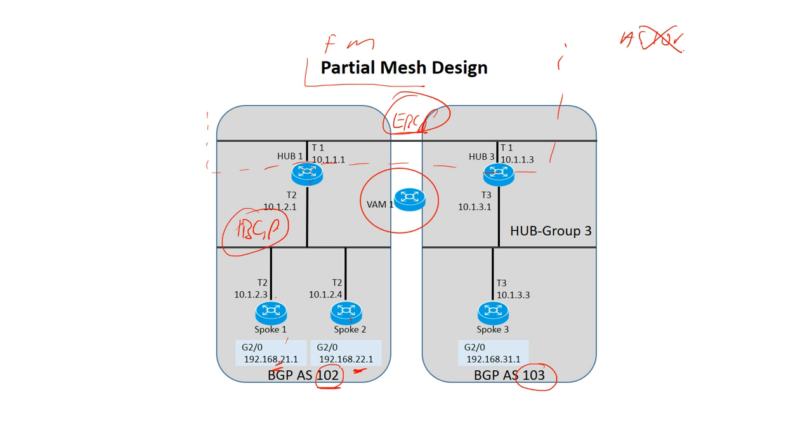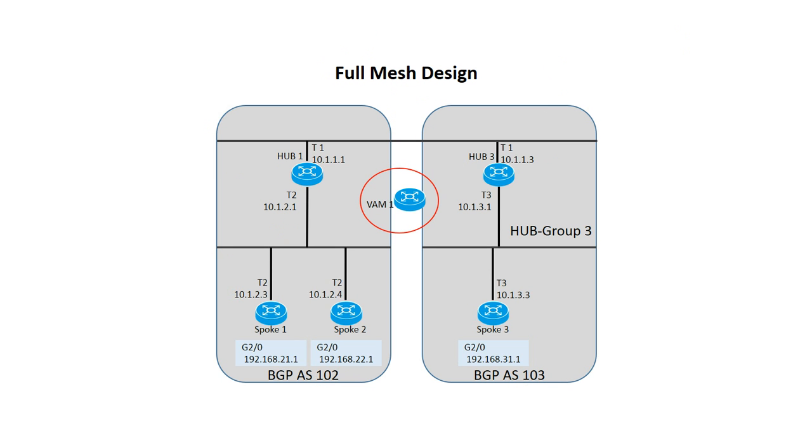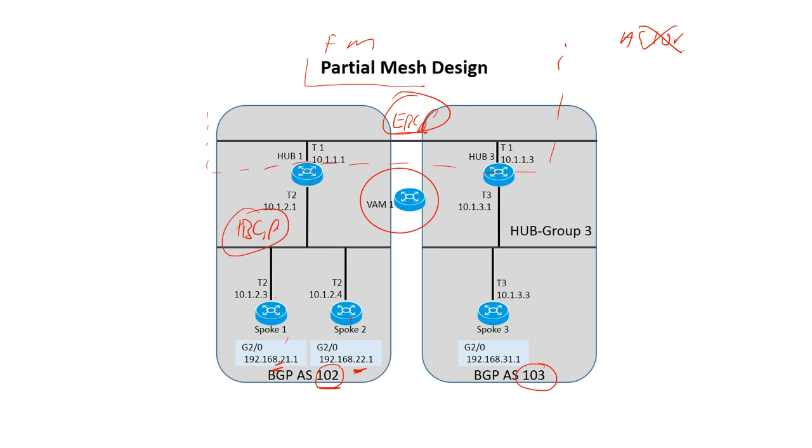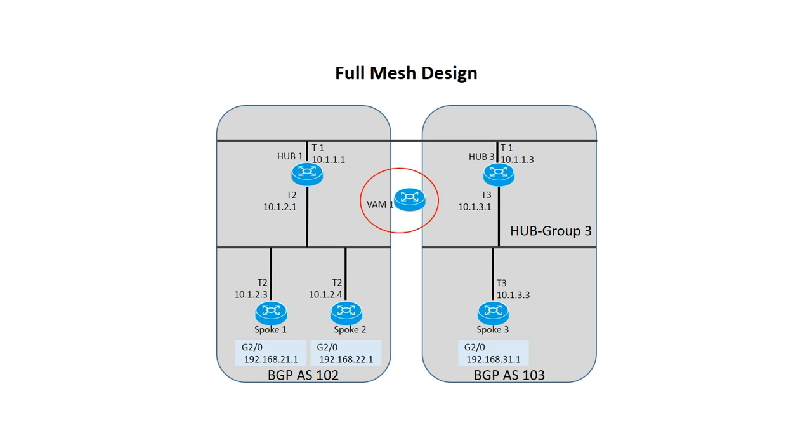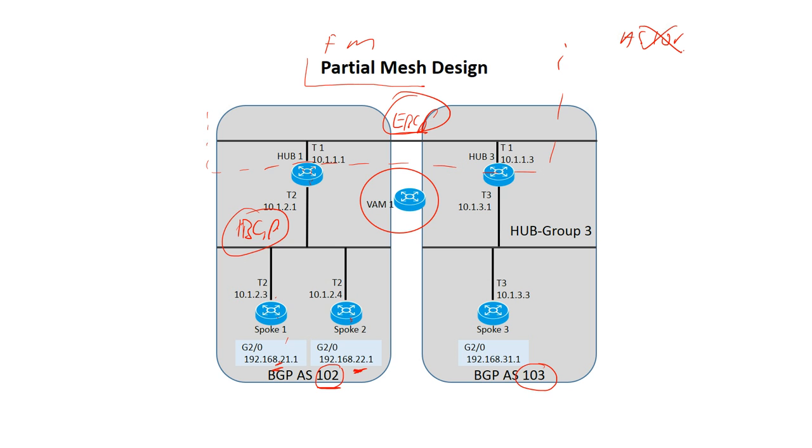Okay, brilliant. Full mesh: if you go from a partial mesh to a full mesh, nothing has changed. However, you'll see that the VAM server is encircled. The difference between full mesh and partial mesh will be determined by the VAM server. Throughout this video I'll talk about intra area and inter area.